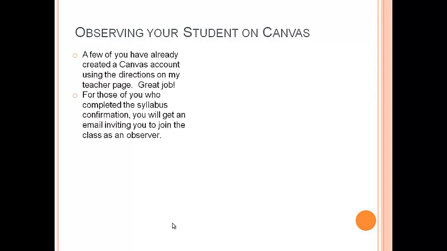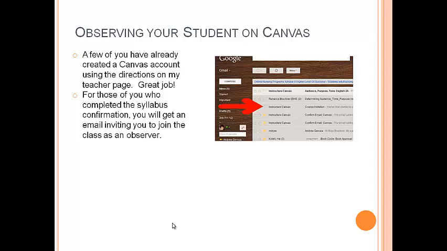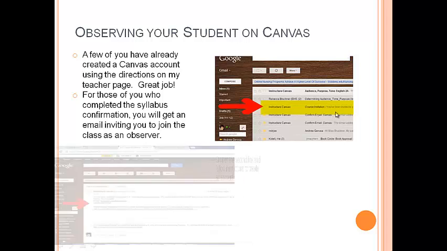Observing your kids on Canvas, I was really elated when I noticed that some of you have already created your own accounts. But for those of you who responded to the parent syllabus and have not created an account yet, I'm going to send you an email, and it will come in like this as an Instructure Canvas course invitation.